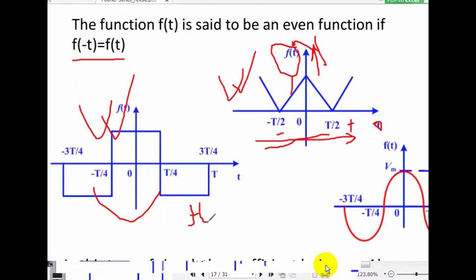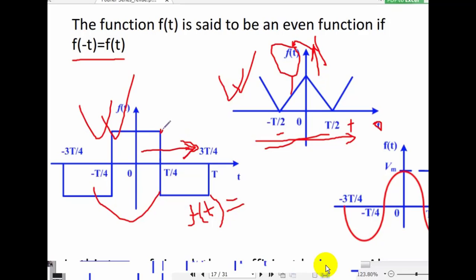F of t means the positive side. That means this side, the right side is f of t.